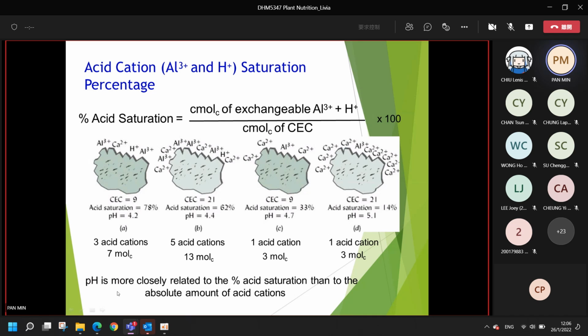And you see, if for example A and C have the same CEC number, not that high, a low CEC number, it means this type of soil has a poor cation exchange capacity for nutrient ions or other cations.